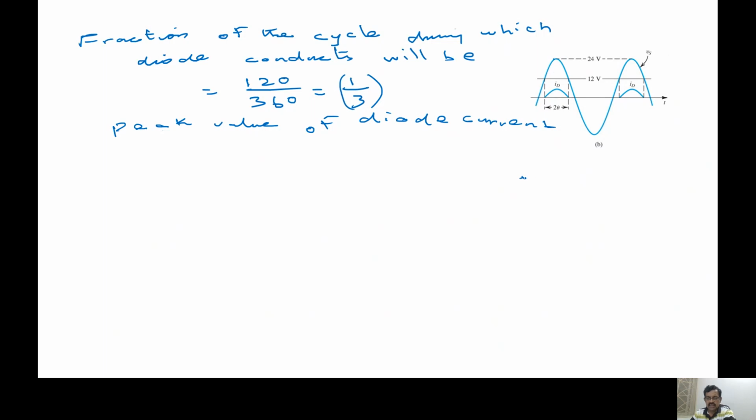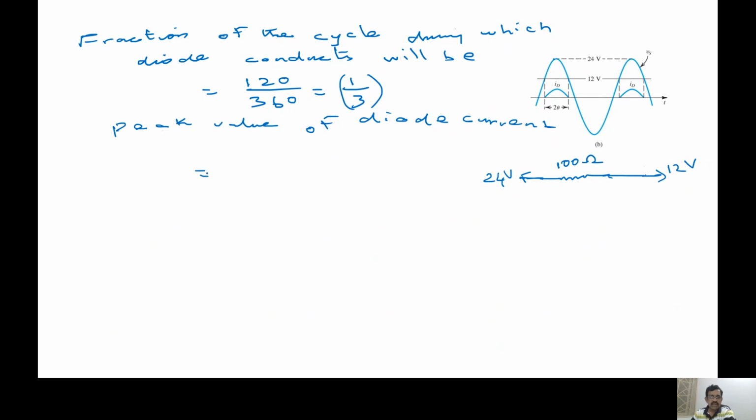We can actually think in this fashion. It will be 24 volt, and then you have a resistor which is 100 ohms, and then the diode is conducting, which is shorting for an ideal diode. Then you have a positive and negative volt, which means here it will be 12 volt. So this is my circuit.